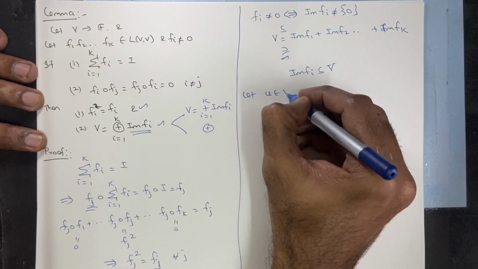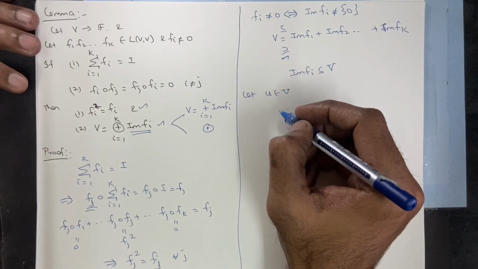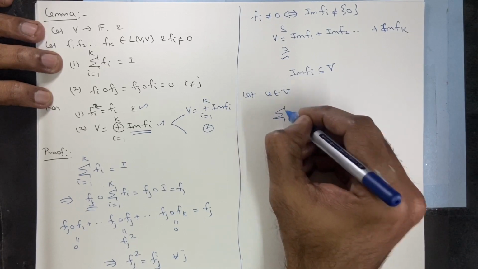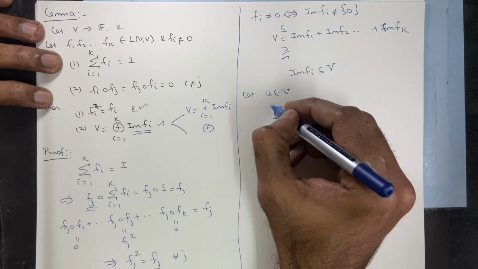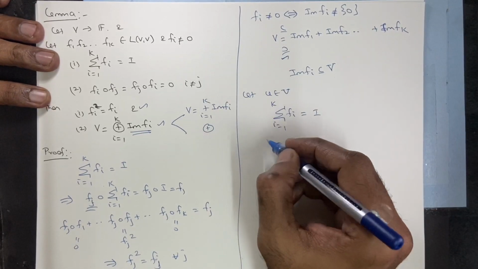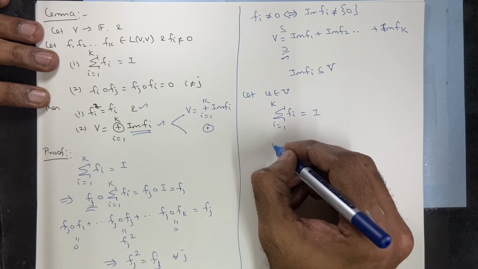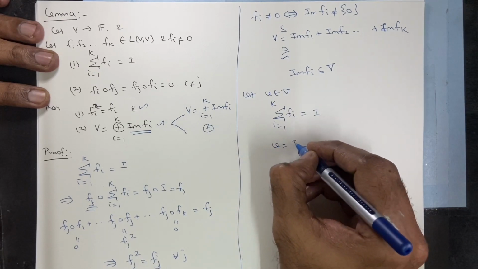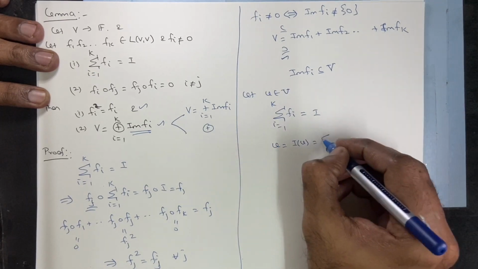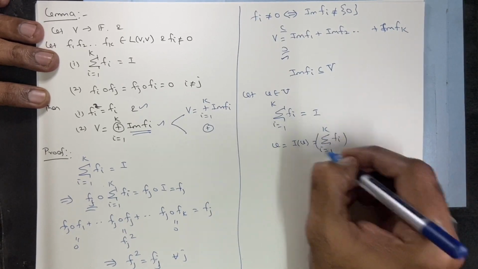By condition 1, we know that the sum, i running from 1 to k, of Fi is I. Therefore v is nothing but the identity of v, which is the sum, i running from 1 to k, of Fi of v.